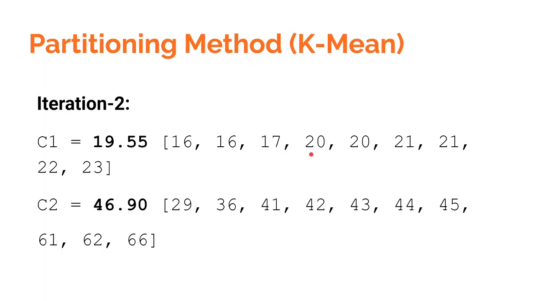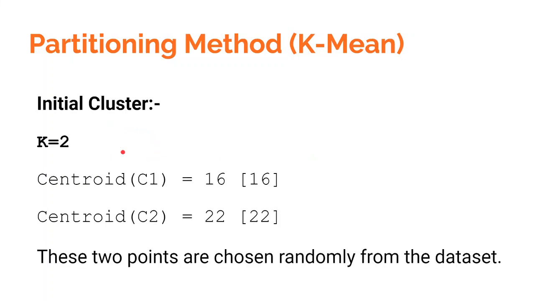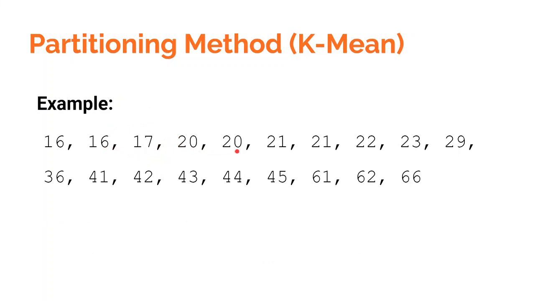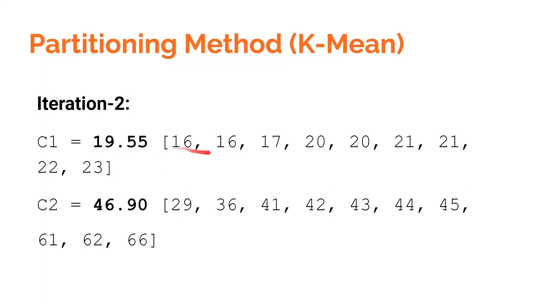Now for the rest of the values, 20 is close to 17, and 21 is also close to 17. So I have added 17, 20 and 21 into the same cluster.